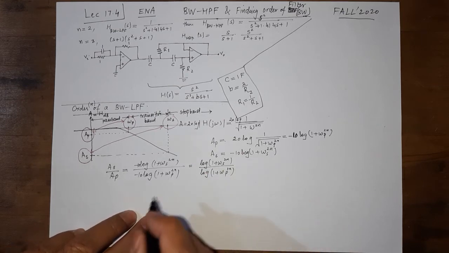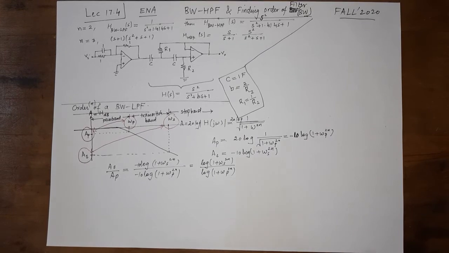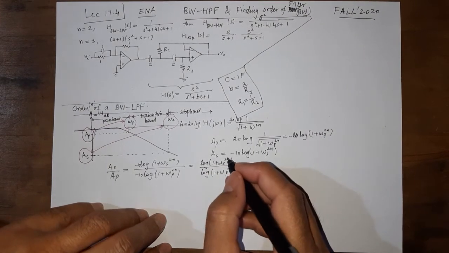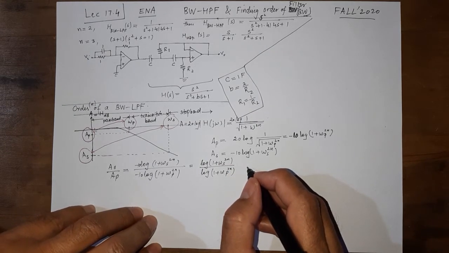Be careful, log cannot get cancelled, and we cannot also write this as log of this divided by this. No, don't forget the logarithmic rules.